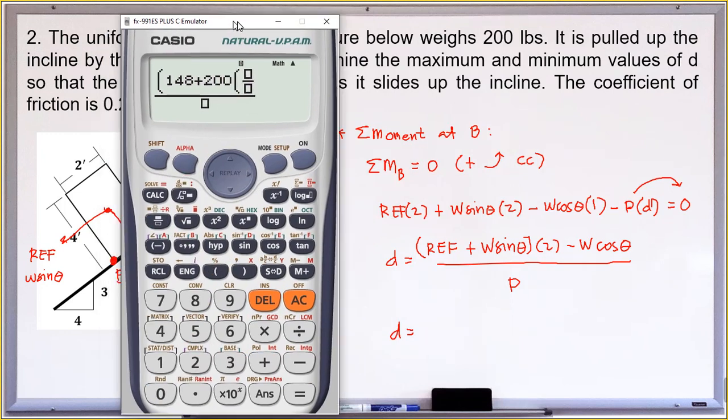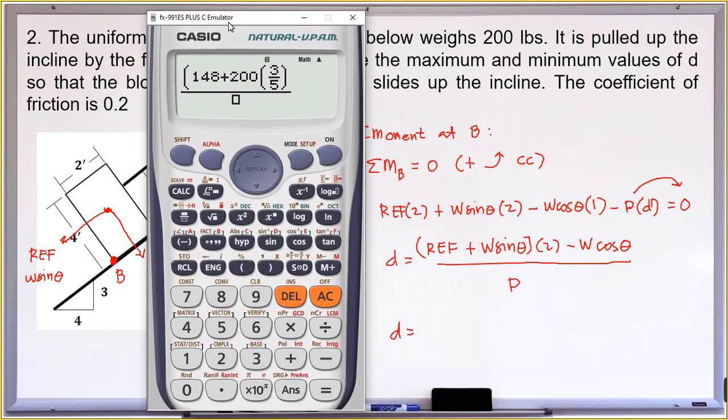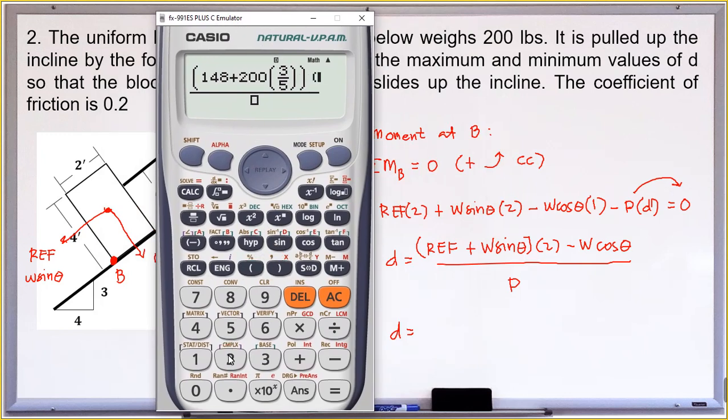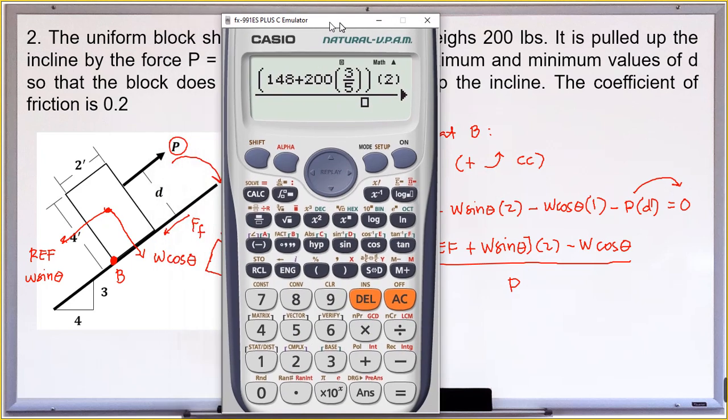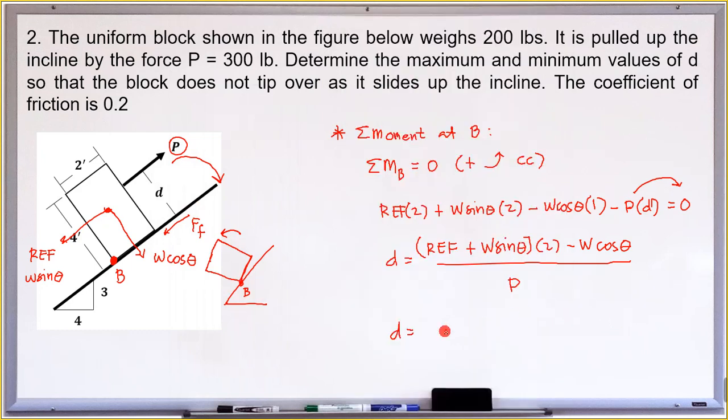Our sine theta, that is 3/5 because this is an Egyptian triangle. Tapos close parenthesis multiplied by 2 minus the weight 200 times cosine theta. So cosine theta is 4/5, 4/5, divide by the force P, which is 300. So the result is 1.25333.